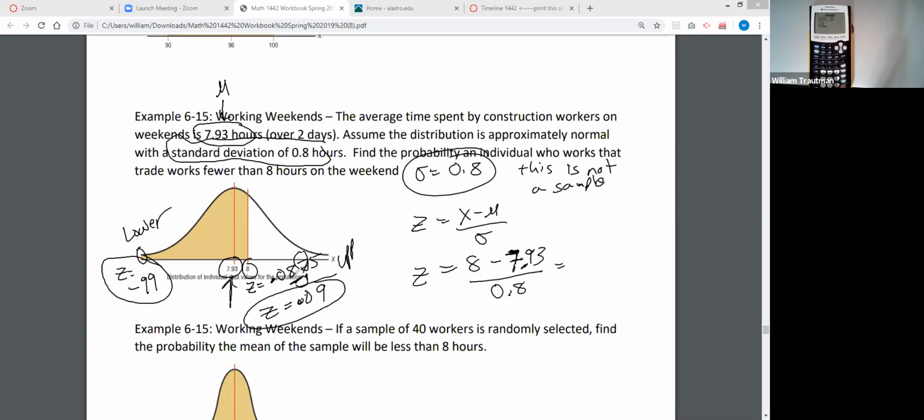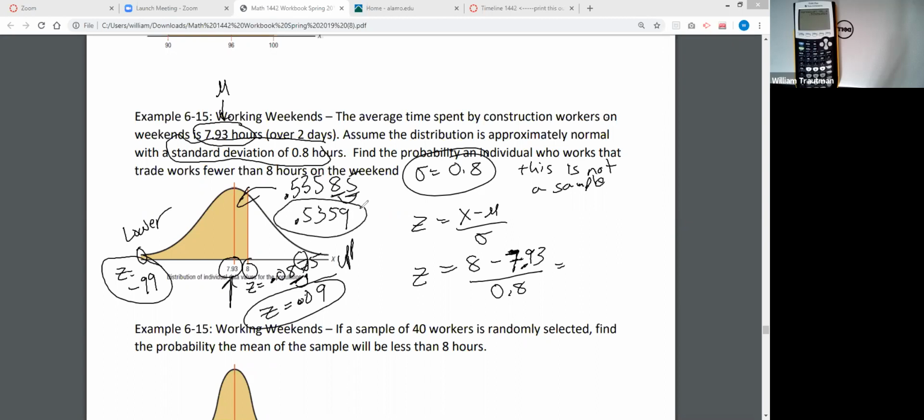Enter, enter, enter, enter, enter. And there's the percentage that's shaded in. It should be more than 50%. You see it's more than half, and it's 0.53585. To 4 decimal places, it's 0.5359. There's the answer. That's the part that's shaded in.